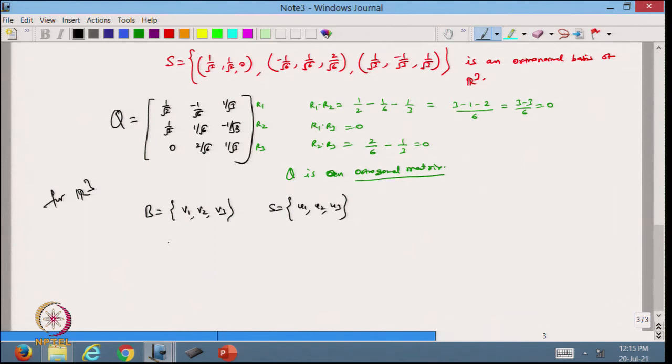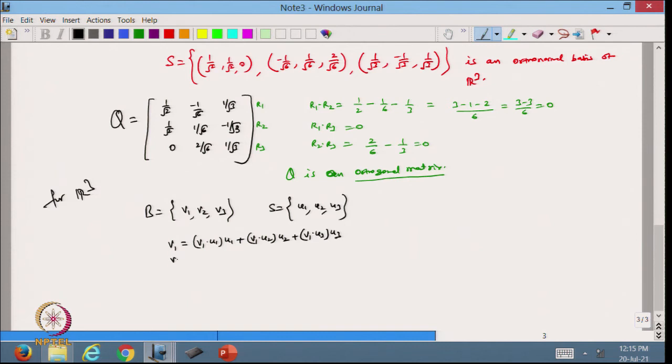So, I can write V1 as a linear combination of this orthogonal basis U1, U2, U3. I can write V1 as V1 dot U1 times U1 plus V1 dot U2 times U2 plus V1 dot U3 times U3.